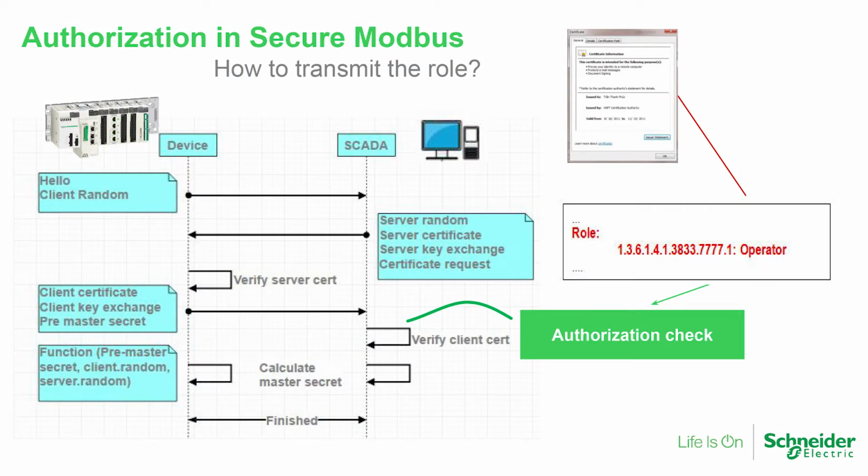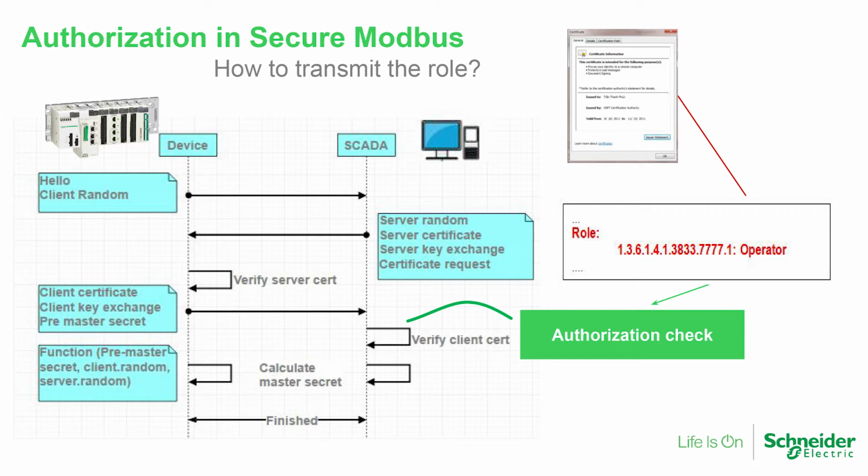For authorization, we have the problem that the Modbus protocol does not have any provision to transmit a role. And we're not able to change the Modbus protocol, because if we do that, then all of the existing Modbus systems would no longer work, we would have incompatibility. So inside of the X509 certificates, which we need for secure identity anyway, there's an extension mechanism.